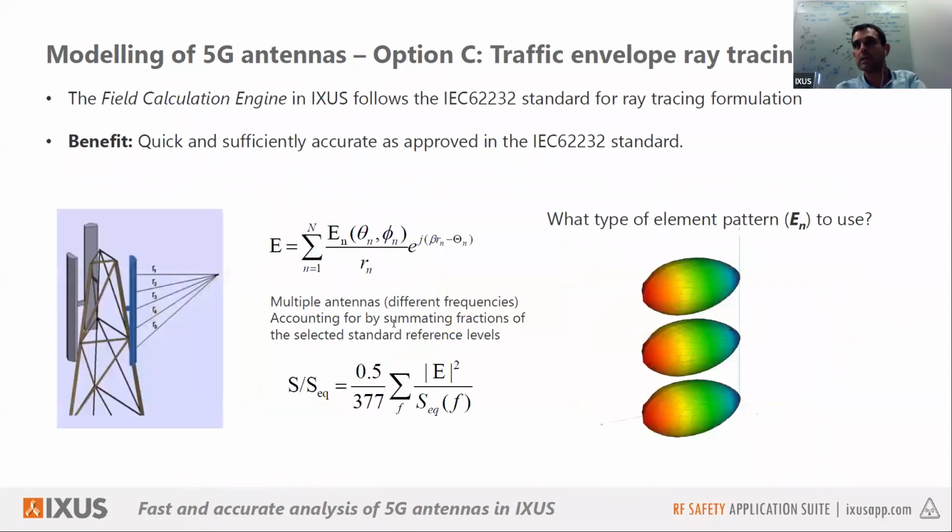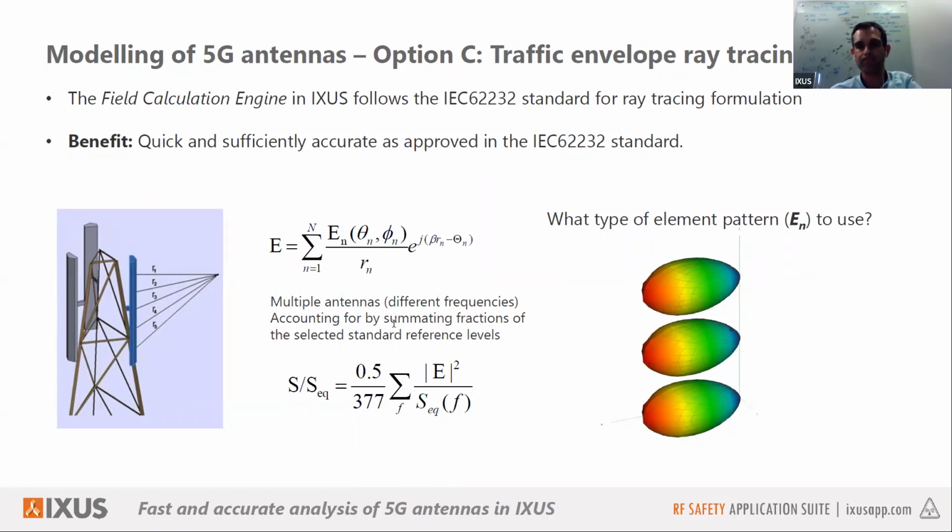This is the third option, option C, which is also the one that we adopt in IXUS, where we go back to how we model. If we have an antenna and we have radiation properties, which are typically the field patterns, the horizontal and vertical field patterns, those are very readily available from manufacturers in most cases.